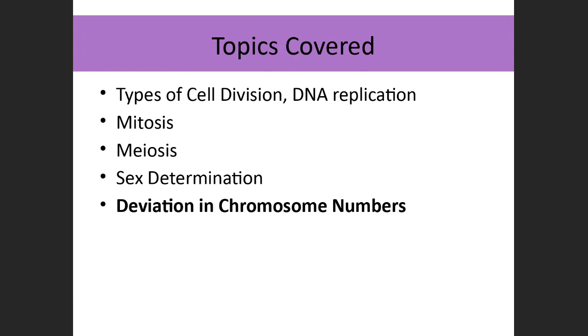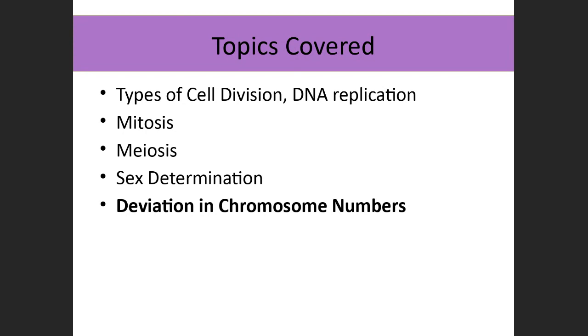But if it happens in an egg or sperm, all the cells will have that problem. So, I just want to talk a little bit about the impacts of that. And a lot of the research and the information that's out there has been done on the impacts of the eggs.